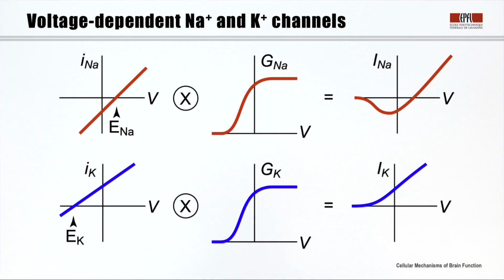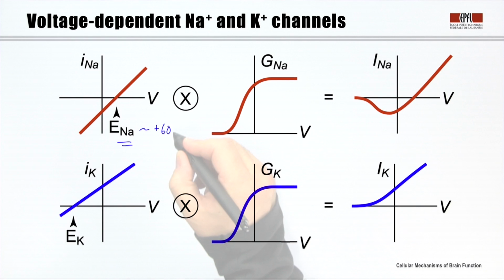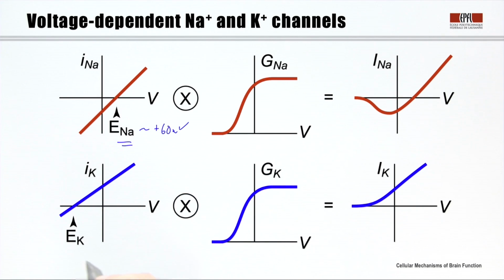If we now think specifically about sodium and potassium channels, and voltage-dependent sodium and potassium channels are amongst the most important voltage-gated channels in the nervous system, we now need to think about their reversal potentials. We know that sodium has a positive reversal potential somewhere around plus 60 millivolts, and potassium has a negative reversal potential somewhere around minus 90 millivolts.